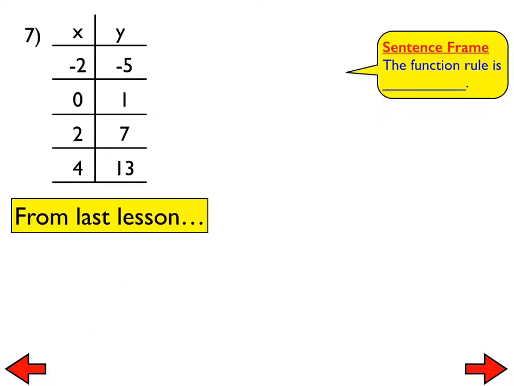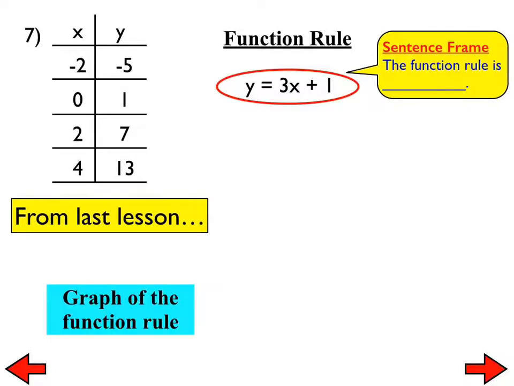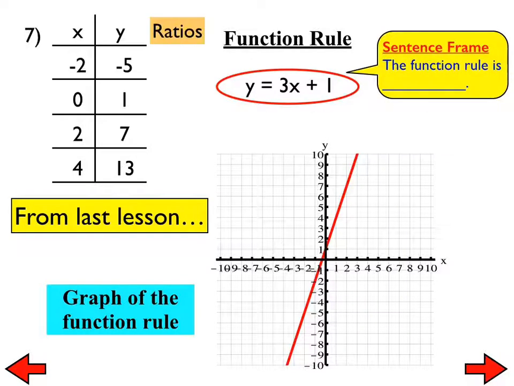Okay? But let's look at number 7 from yesterday. We came up with a function rule for this, and we looked at the graph, but now let's quickly look at these ratios. We have y over x. Negative 5 over negative 2 is 2.5 or 5 halves. The 1 over 0 doesn't help us because it's undefined. And then we have 7 over 2. Is that 2.5? Yes or no? No. What is it? 3.5. And then we have 13 over 4.